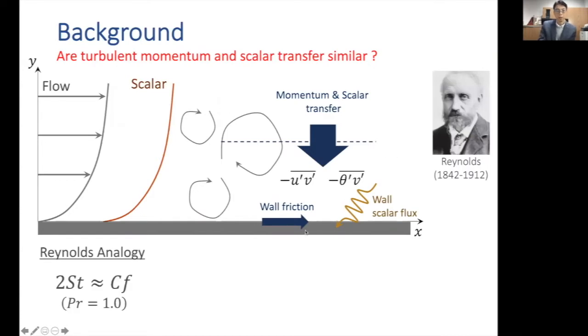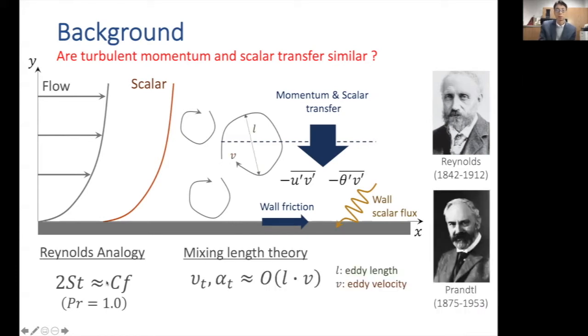Reynolds proposed the Reynolds analogy, which suggests that the non-dimensional form of heat transfer, the Stanton number, is proportional to Cf, which is a non-dimensional wall friction. This problem can also be viewed from mixing length theory, which was originally proposed by Prandtl.